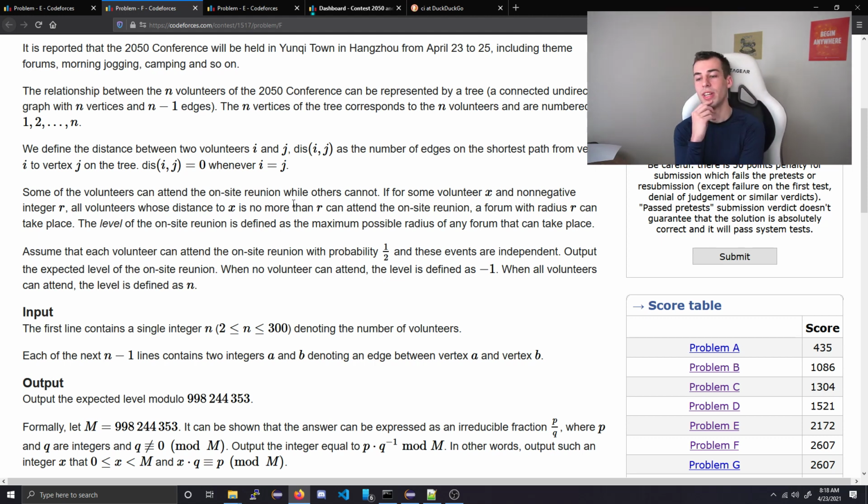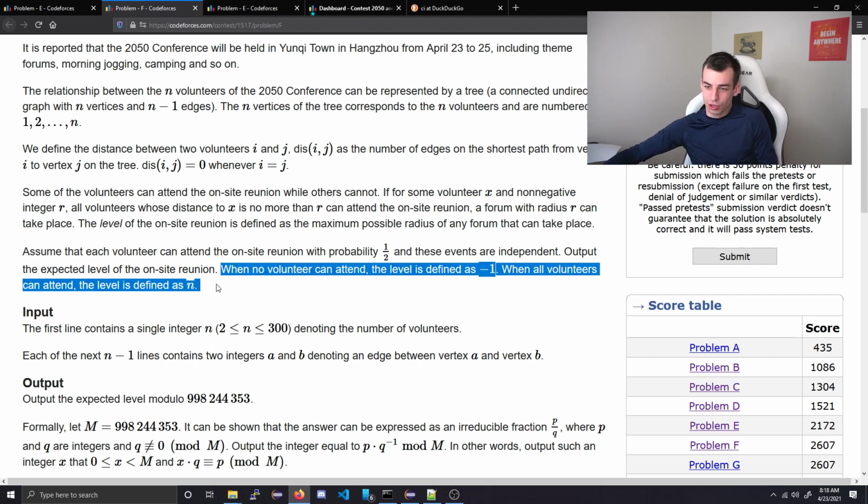Oh, so if everyone can attend, then it would be like infinite. Interesting that it's n and not just like the size of the... Yeah, anyway. Okay. Not the diameter. Yeah, that's really weird. This is like a very weird definition.